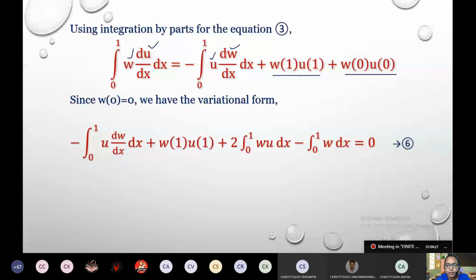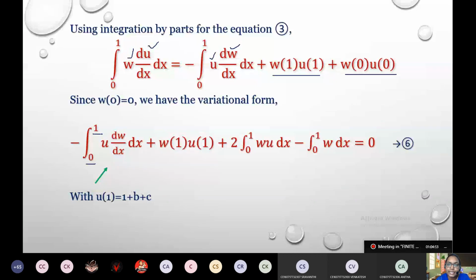Now in this equation number 6, if we check here, u of 1 is equal to 1 plus b plus c, which means for u of 1, x is equal to 1 is to be substituted in the u equation we have. Because here the integration is from 0 to 1.